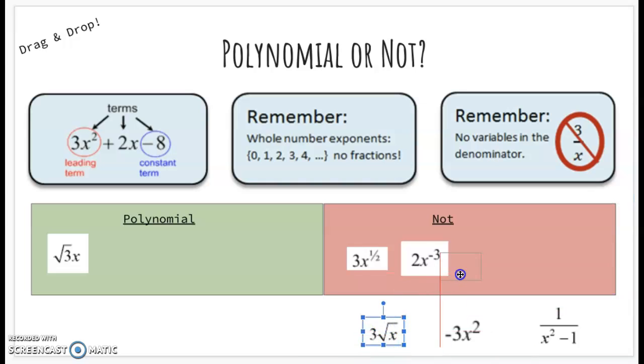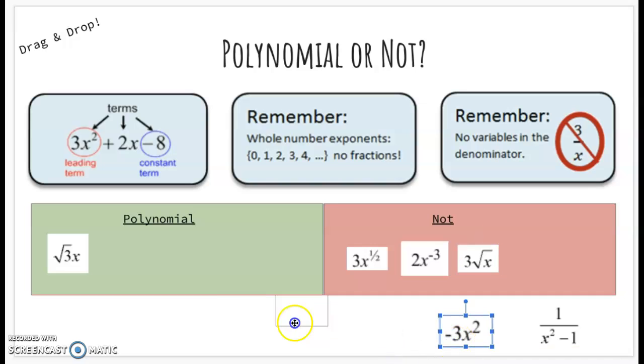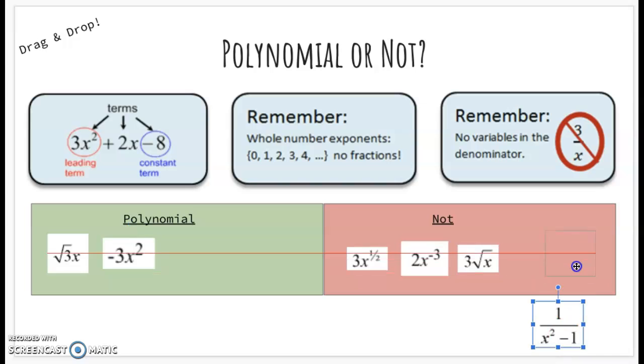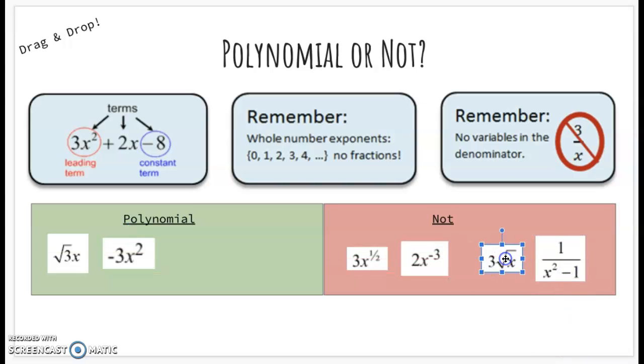Here we have a radical sign on our x, so that is not a polynomial. Negative 3x squared is a polynomial, and this last one is not a polynomial because you cannot have your variable in the denominator.